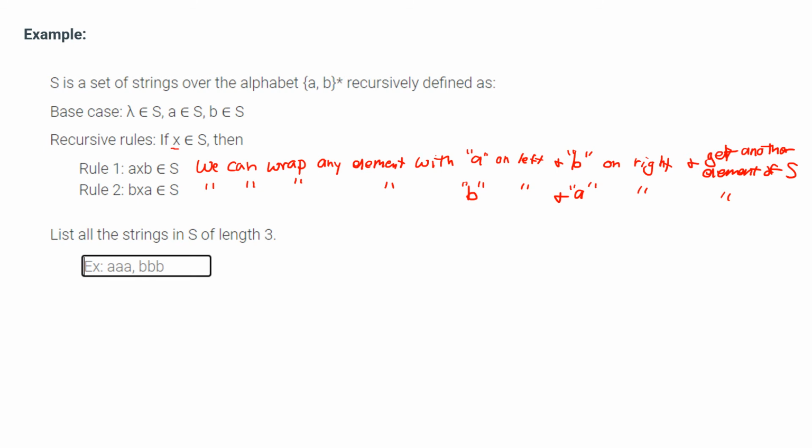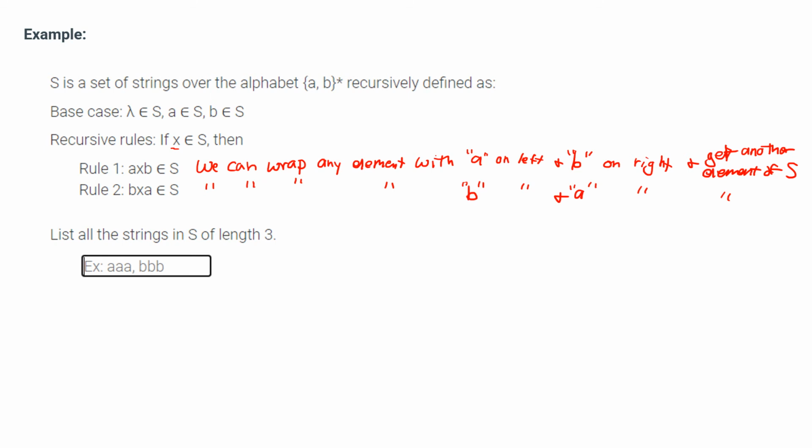Here we're not writing out that exclusion statement, right? Okay, so now what are the strings that we can have of length 3? Well, if we start with lambda, I would just have an A, B. But I'm always going to have to add, again, like in this case 2 characters at a time. So if I started with nothing and wrapped it with an A and a B, there'd be 2 characters already, and I could never get 3 characters that way.